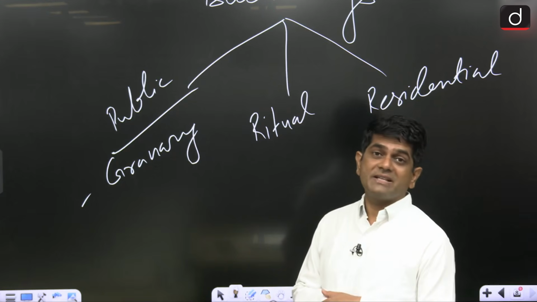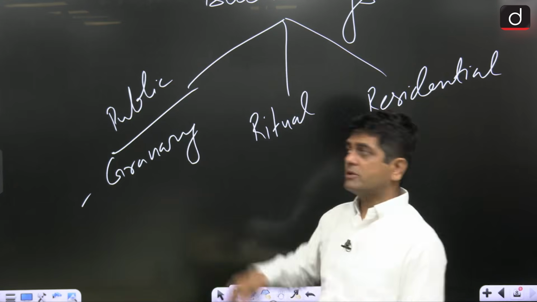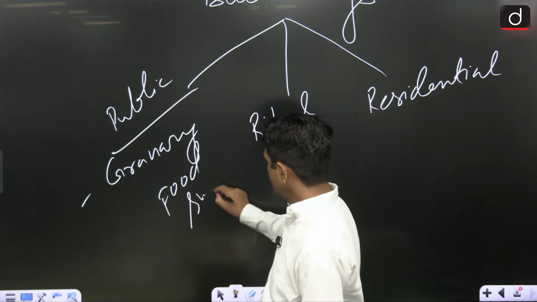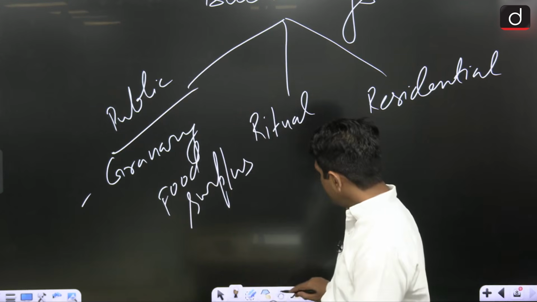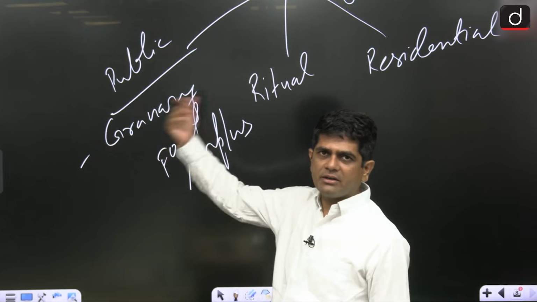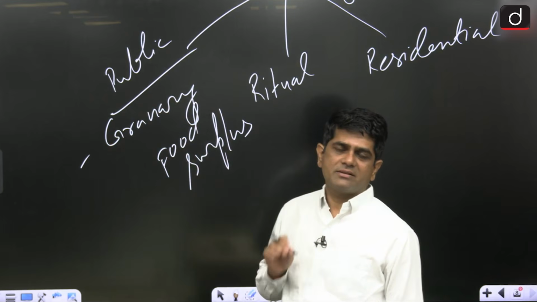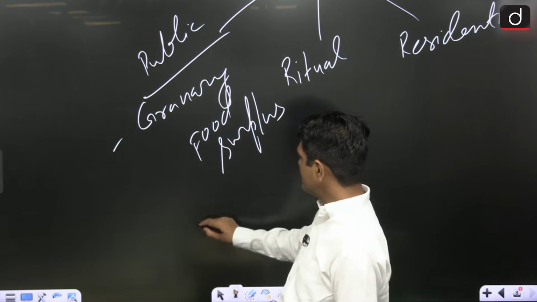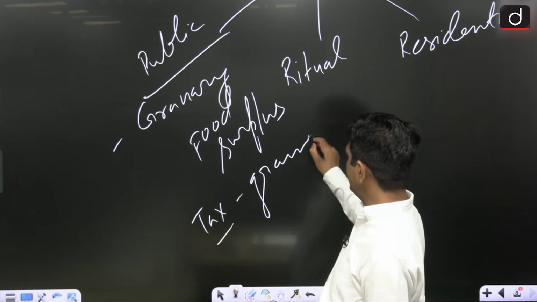The presence of a granary signifies two things. The first, there was a food surplus in the Harappan economy. And the second, in most cases the granary was located in the citadel area. This indicates that most probably tax was collected in the form of grains.